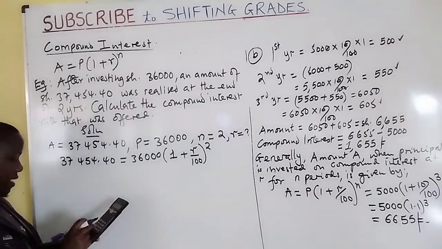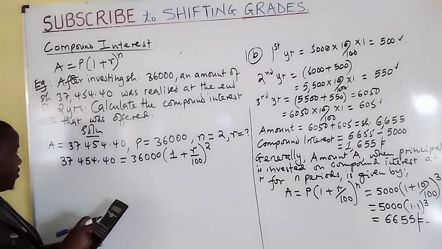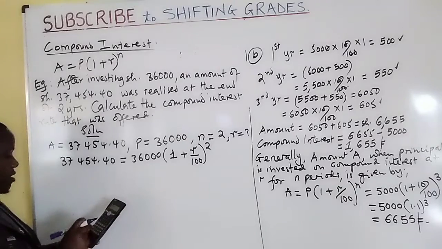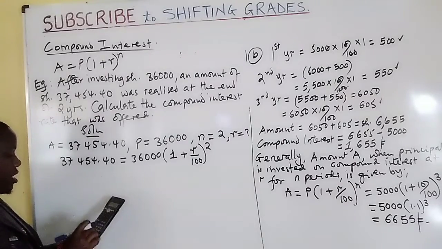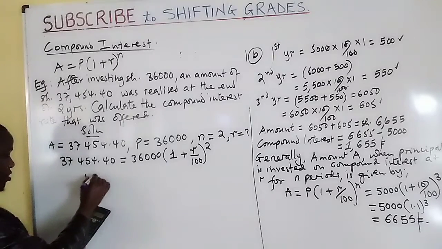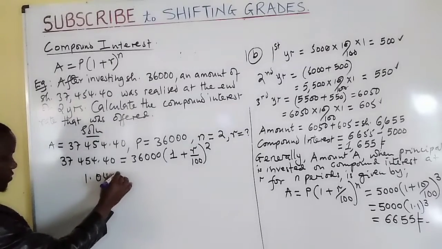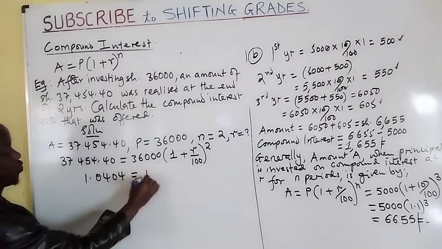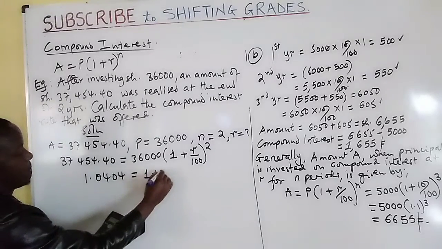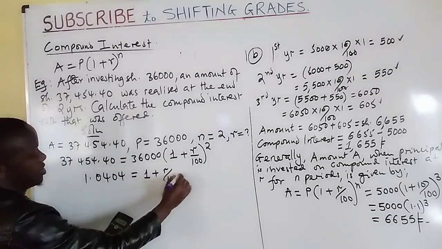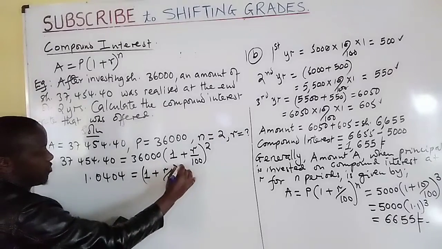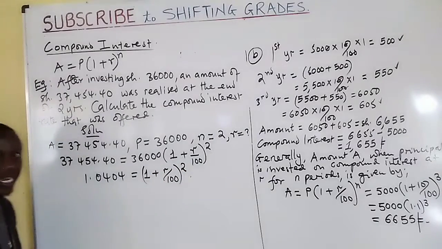When we take 37,454.4 divided by 36,000, we get 1.0404, which is equal to 1 plus r over 100, and this is raised to 2, or squared.